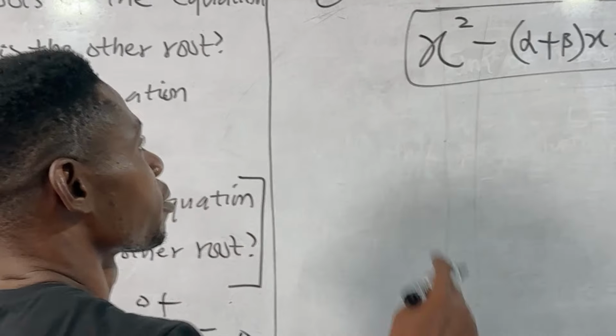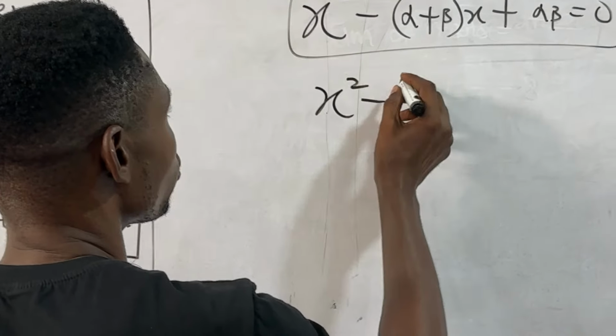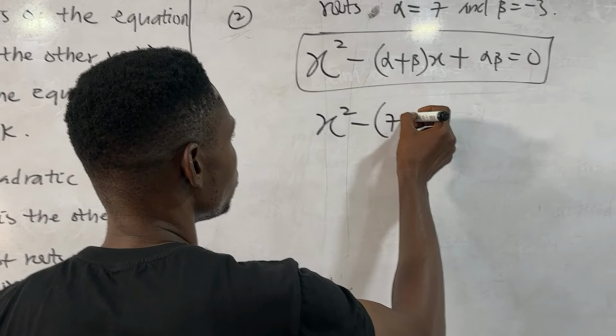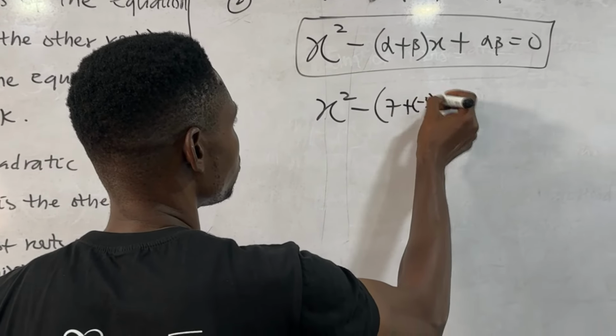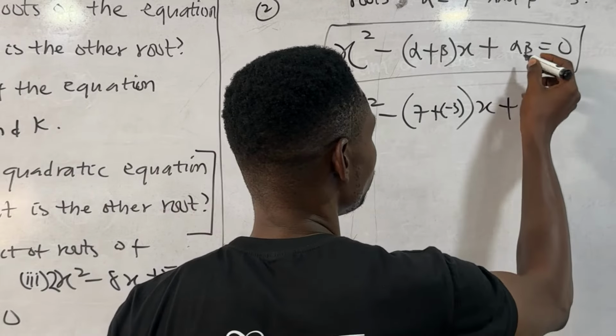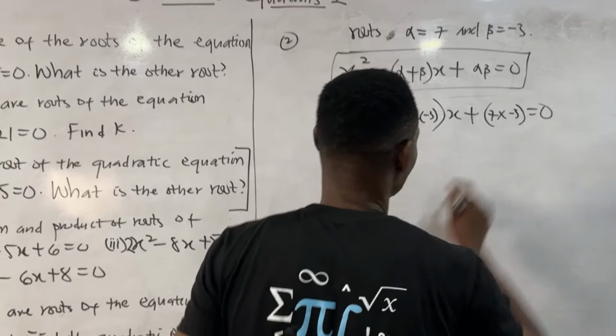So the equation will be x squared minus the sum of roots, we have 7 plus minus 3, right? As sum of roots, times x, plus product of roots. We have 7 multiplied by minus 3, equal to 0.